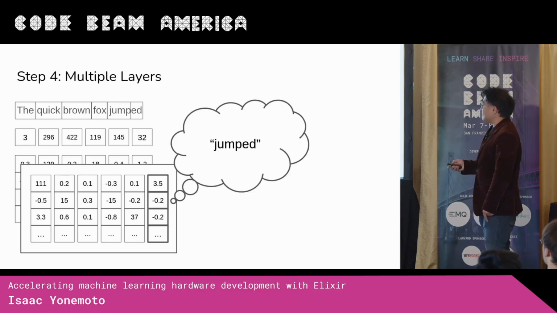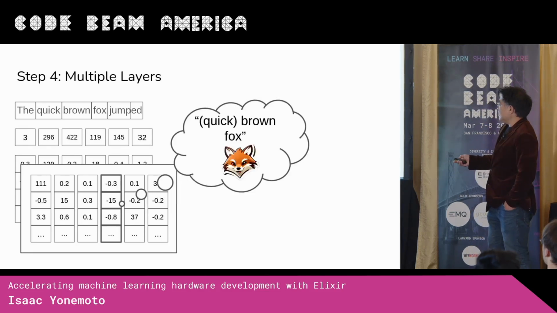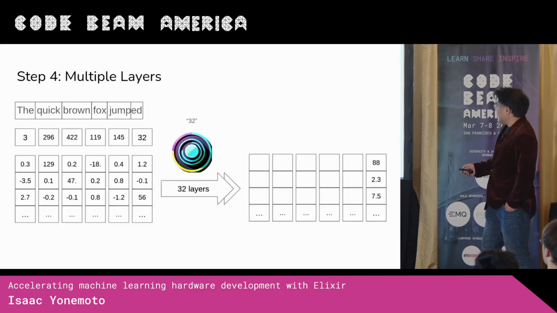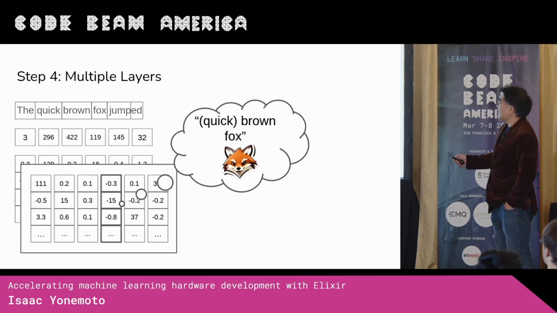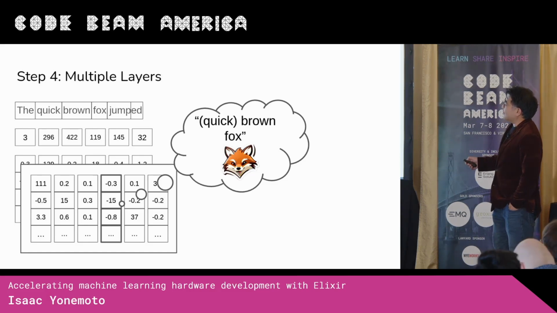And guess what? We can do the same thing again and take jumped, and maybe we can relate that to quick brown fox, and then we can get some summed information of the whole context. So whatever vector comes out of the next layer is a lot of jumped, which we didn't know before in the previous layer, plus a little bit of quick brown fox, and then now we can create an understanding between jumped and quick brown fox.